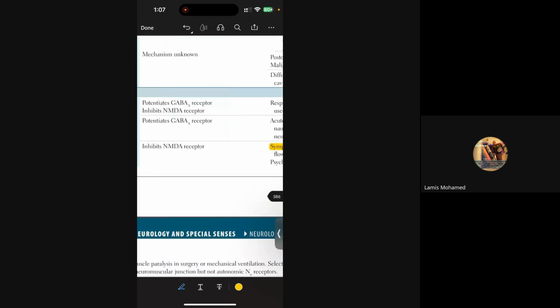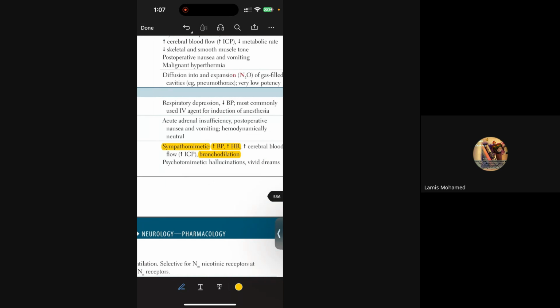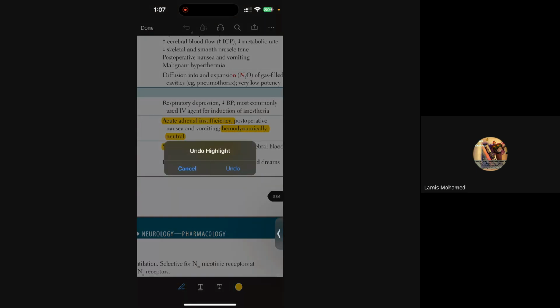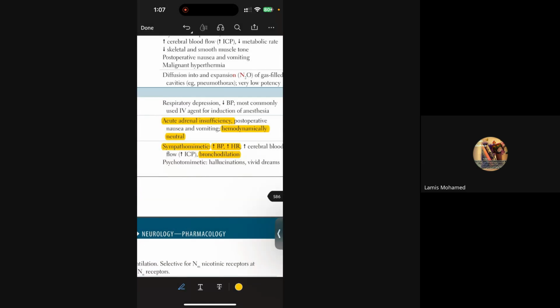Etomidate's side effect can be acute adrenal insufficiency, but it is hemodynamically neutral. It does not cause a decrease in blood pressure. It will keep the blood pressure normal and the heart rate normal. That's why we are using etomidate here.